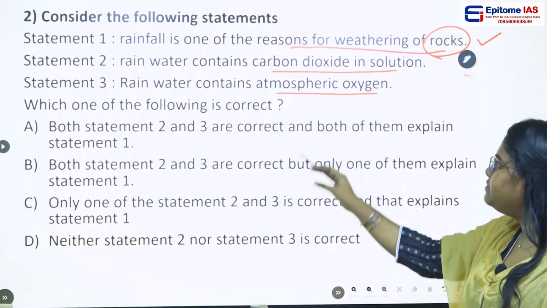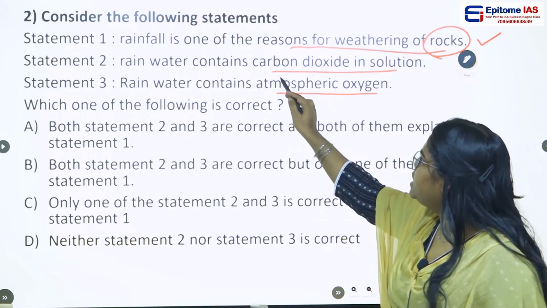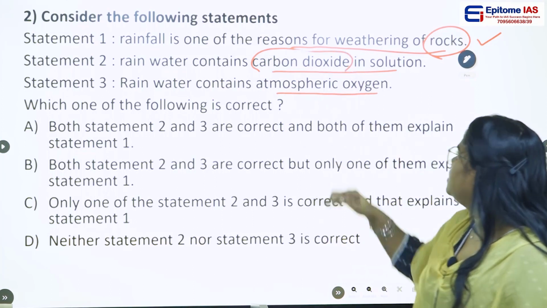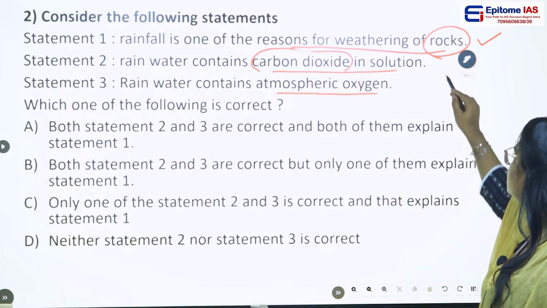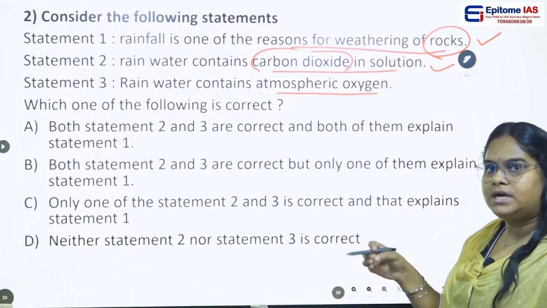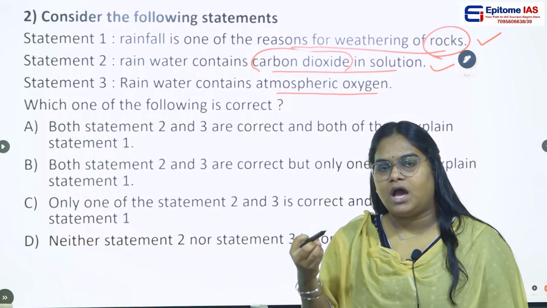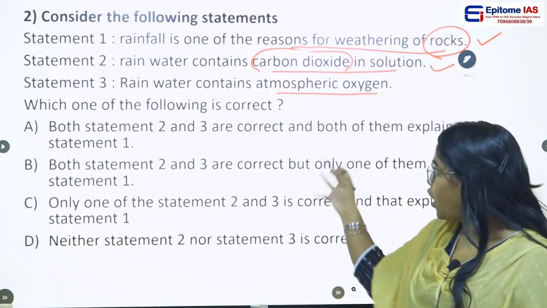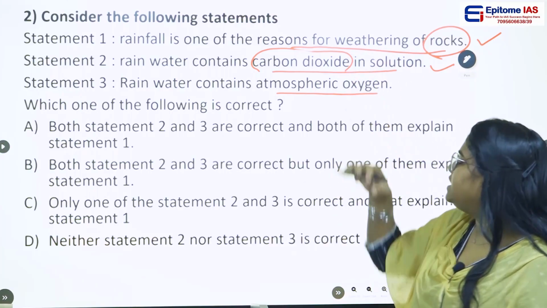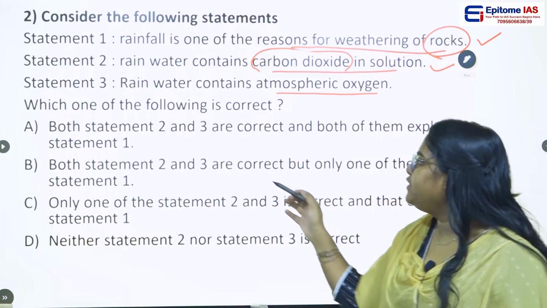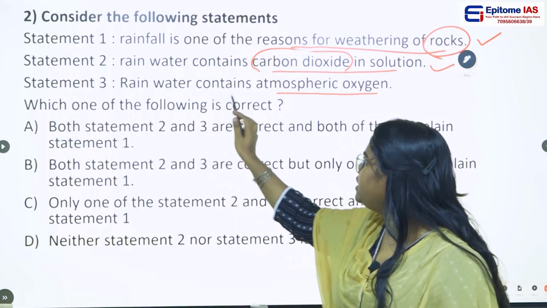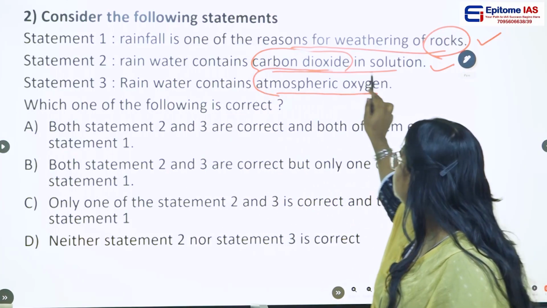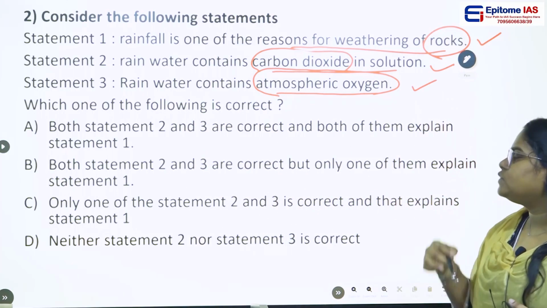If you see the statement 2, rainwater contains carbon dioxide in solution. Yes, this is also correct. Rainwater contains some carbon dioxide in it, and it actually causes the weathering of rocks. And if you see statement 3, rainwater contains atmospheric oxygen. Again, this statement is also correct.